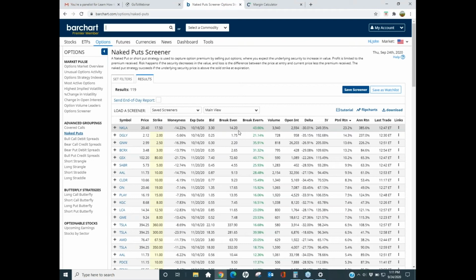Or gaps is another great example of looking for trading opportunities. So we're going to look for those structures that line up with our strike and our break even. The first one we have here is Nokia, and you can see that the strike here is 17.50, and we could have taken $3.30, and our break even is 14.20.